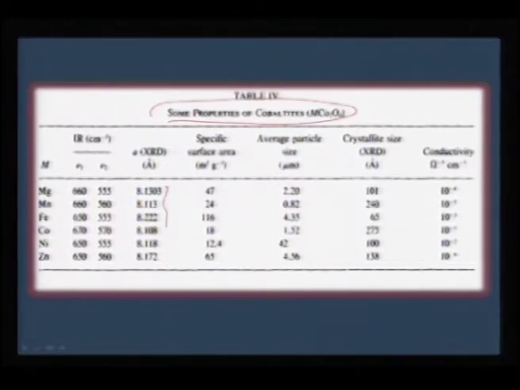The X-ray patterns all show that the cobaltites prepared with magnesium, manganese, iron, cobalt, nickel or zinc are all showing a cubic phase, and look at the specific surface area measured using the BET method. You can see here iron tops it all, which means iron cobaltite is the most reactive or the most voluminous, and as a result you can look at the average particle size and the crystallite size to be quite distinct from the other oxides.